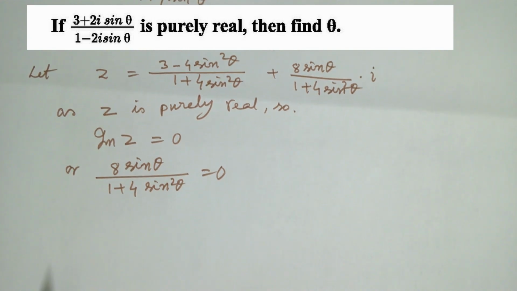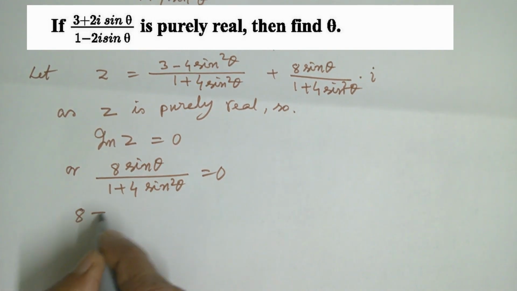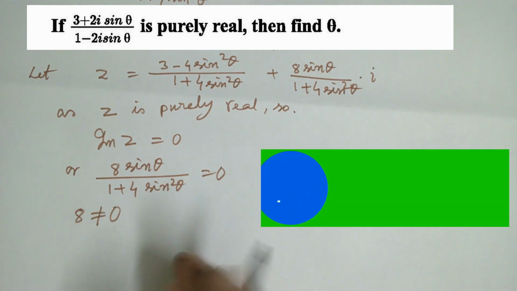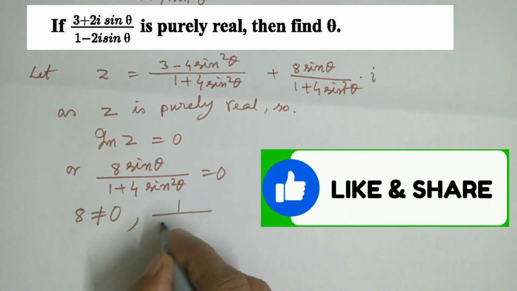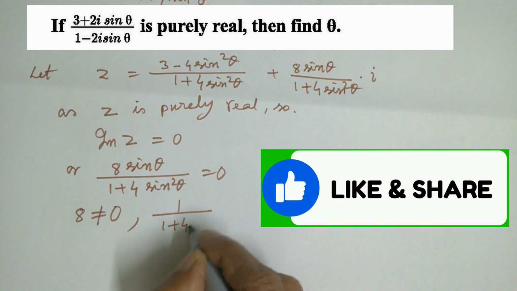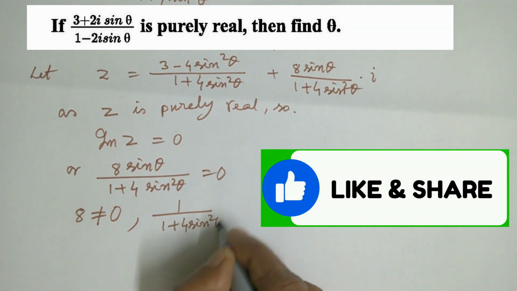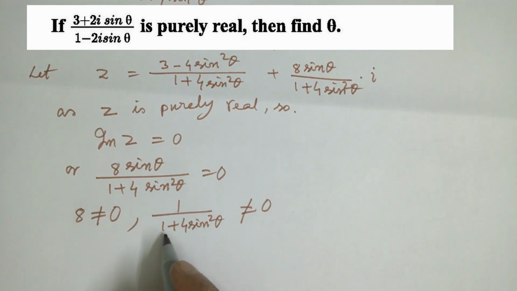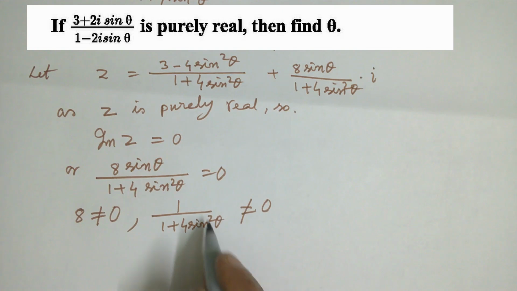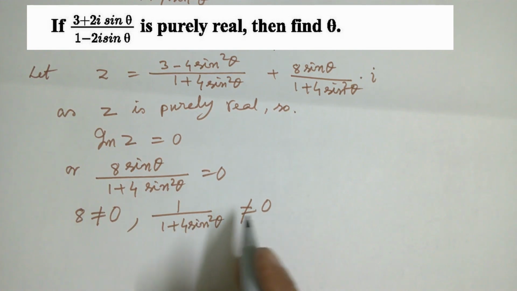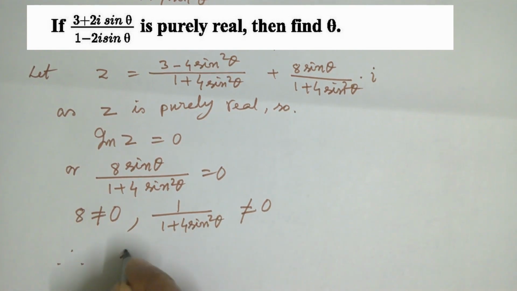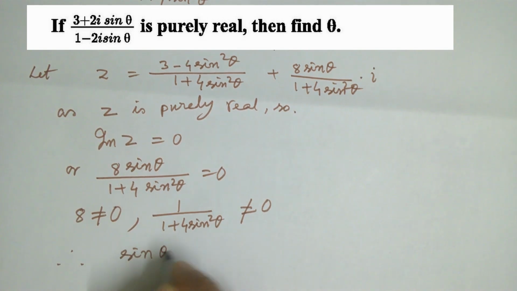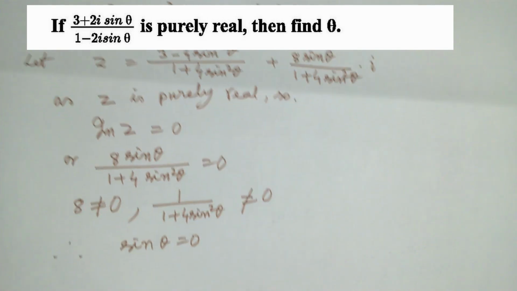To solve this, 8 is not equal to 0, as it is a number. 1 by (1 plus 4 sin square theta) is also not equal to 0, since the denominator is 1 plus something positive and can never make it 0. Therefore sin theta must be equal to 0.